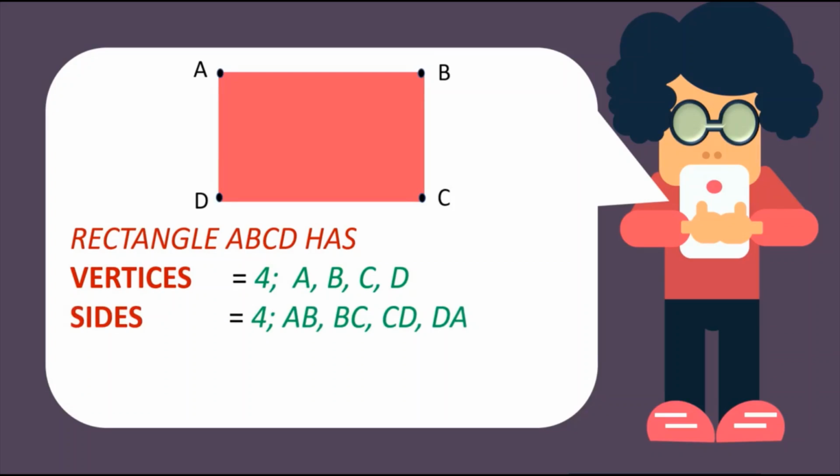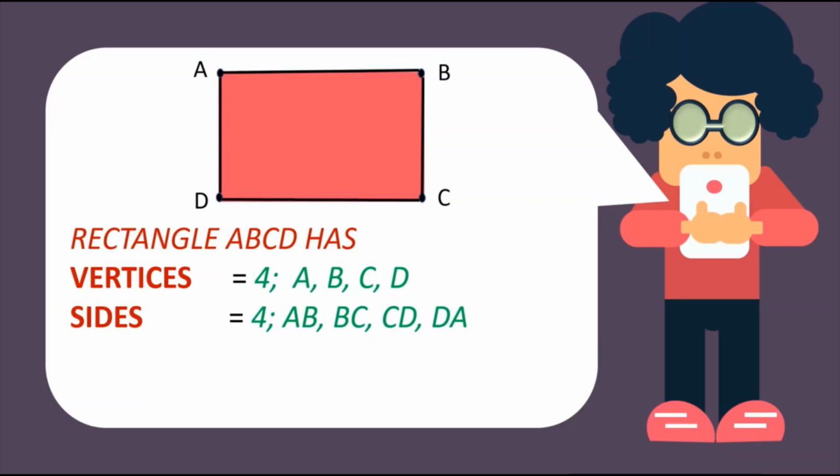Now let us know about the sides. The rectangle has 4 corners, means 4 vertices. So it definitely must have 4 sides also. Here the 4 sides are AB, BC, CD and DA.